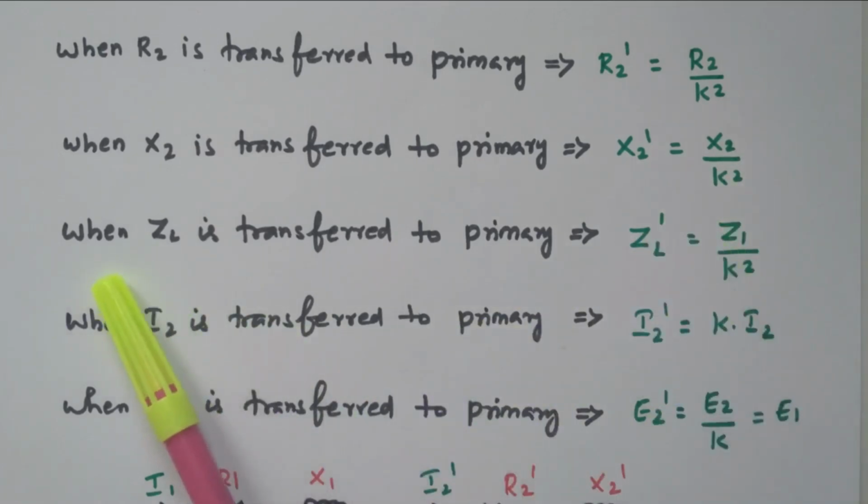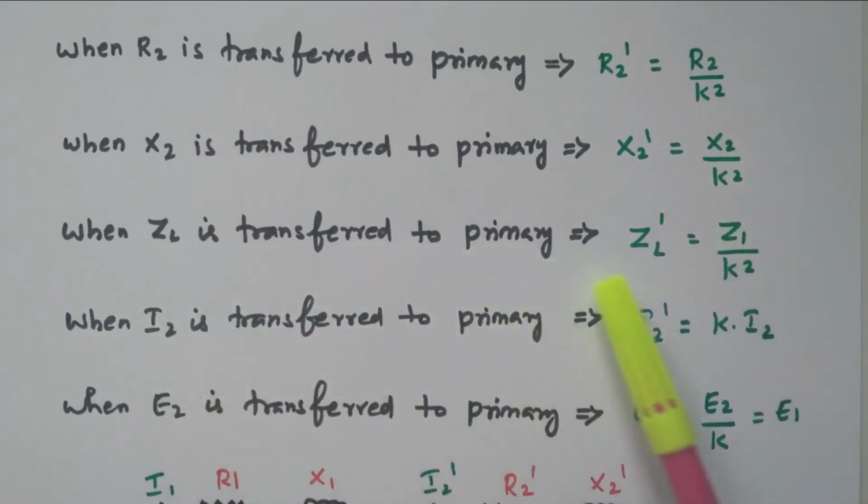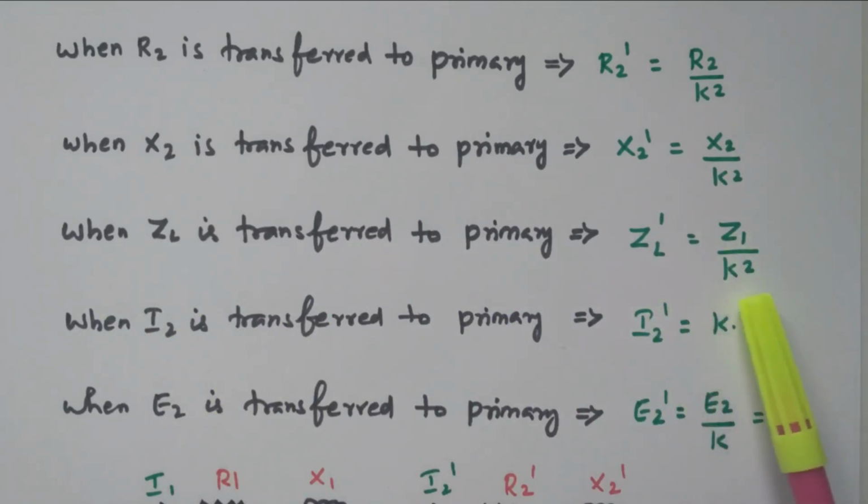Similarly, the load impedance ZL transferred to the primary becomes ZL dash, that is ZL divided by K square. Similarly, the secondary current I2 transferred to the primary becomes I2 dash, that is K into I2. Only for current it is multiplied by K.